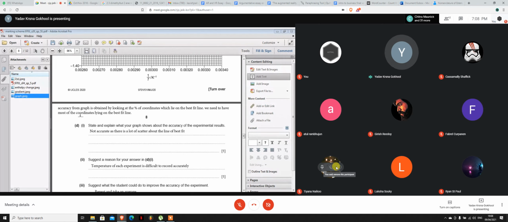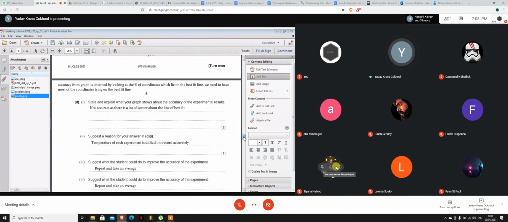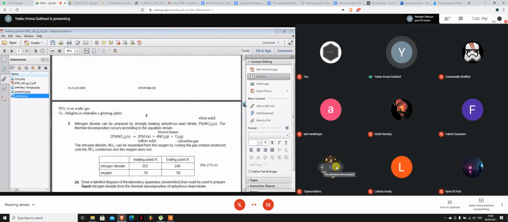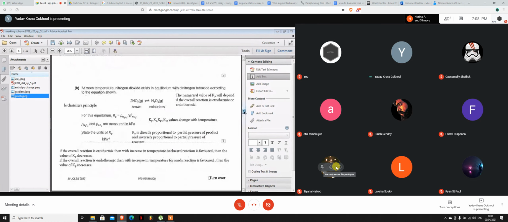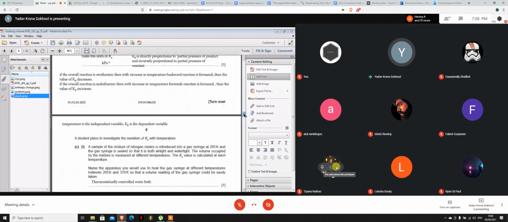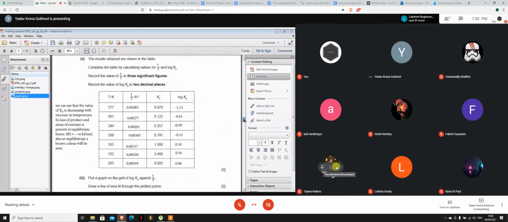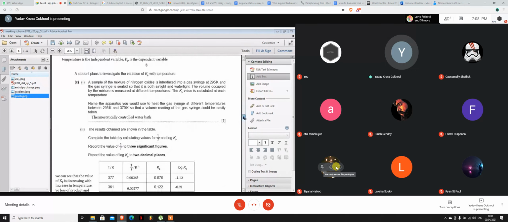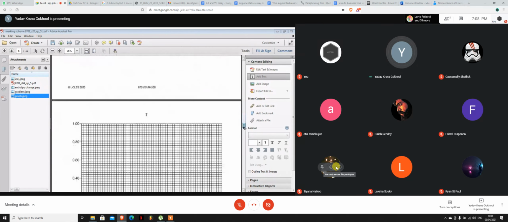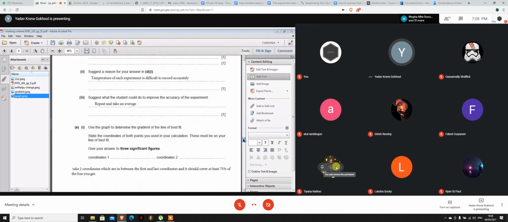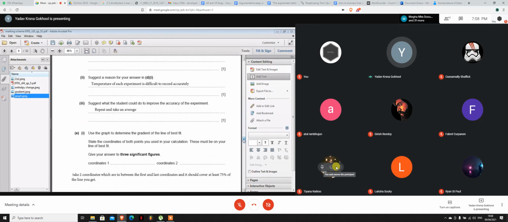We need to have most of the coordinates lying on the best fit line. Here we saw that many did not, so it is not that accurate. Maybe temperature is difficult to record. This is what Cambridge had asked, because we are investigating the variation of Kp with temperature. If we are not heating, we are using a water bath, sometimes they may have some fluctuations. How to improve the accuracy?